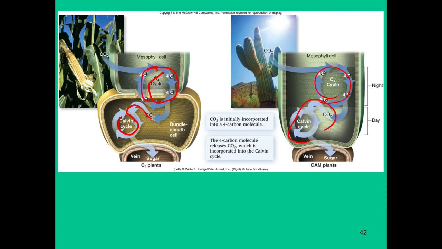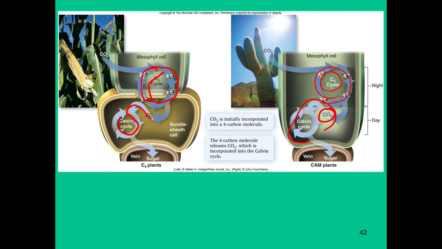What these plants are doing is making molecules that can break off pieces of CO2. Later during the day, they allow the Calvin cycle to occur to create all those G3P molecules, but their stomata are closed. They're not taking in any CO2. At night, they stop their Calvin-Benson cycle and just allow the C4 cycle to occur.